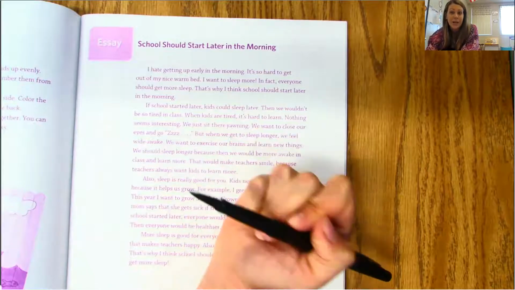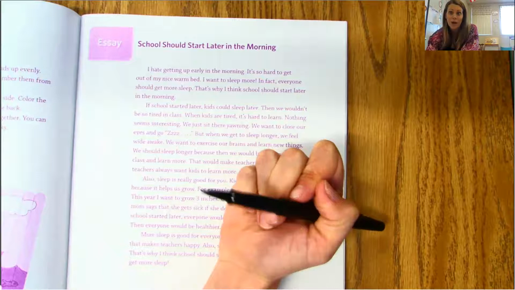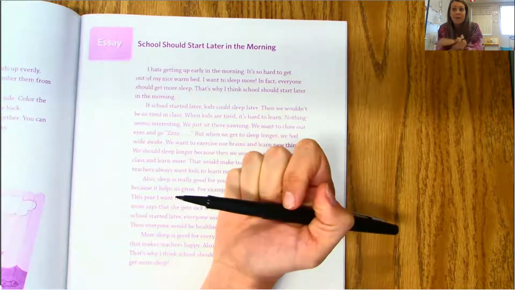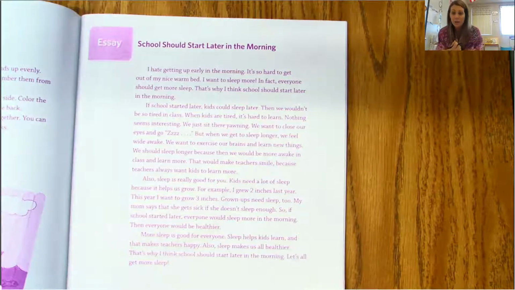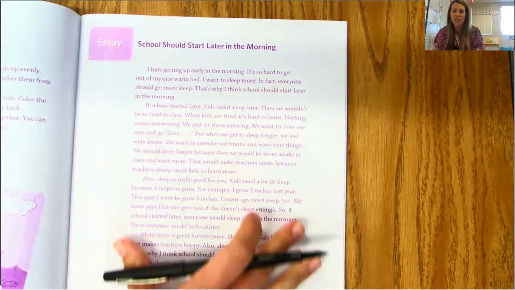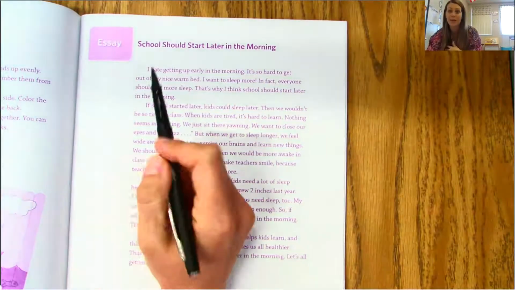And opinion should be a pretty familiar word to us because we've talked about opinions in reading, and now we're going to talk about opinions in writing. So an opinion is what you think or feel. So this whole passage, the author's purpose is to persuade, to make us believe, to make us think and feel what their opinion is.